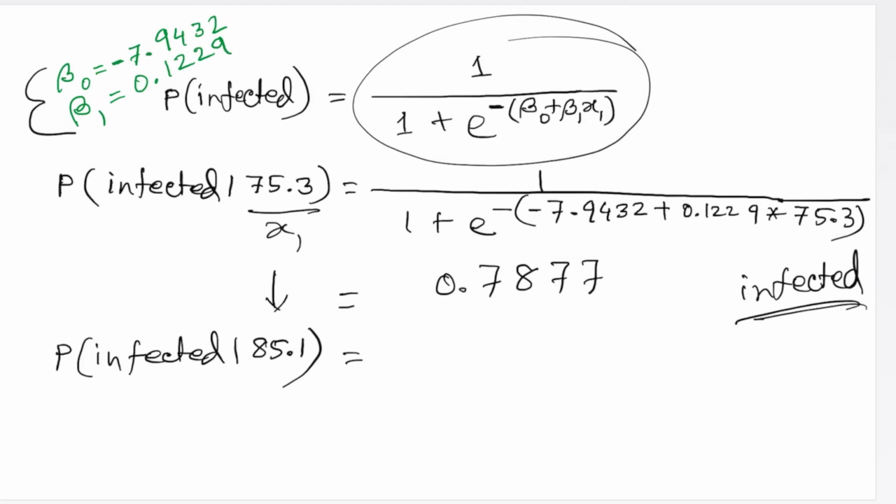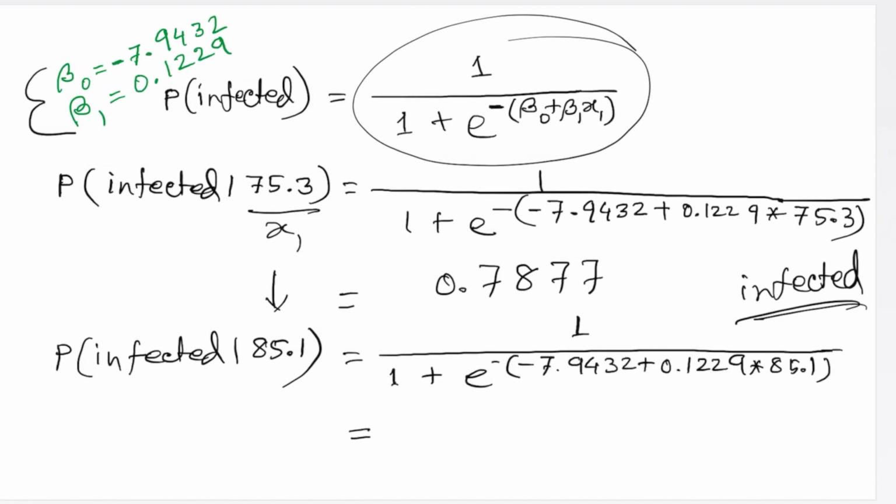Therefore with 85.1 the likelihood that the patient would be infected is high, because our logistic regression function monotonically increases with higher value of independent variables. But still, let's do the calculation. After we do the calculation, we would see that the probability is quite high, 0.9252. Therefore the person is infected with coronavirus.